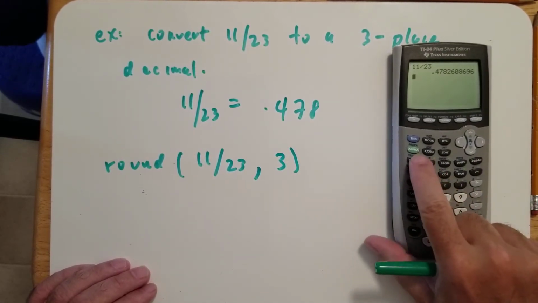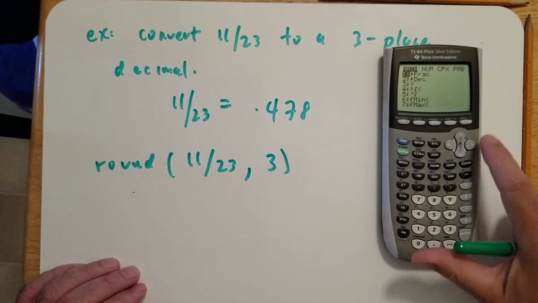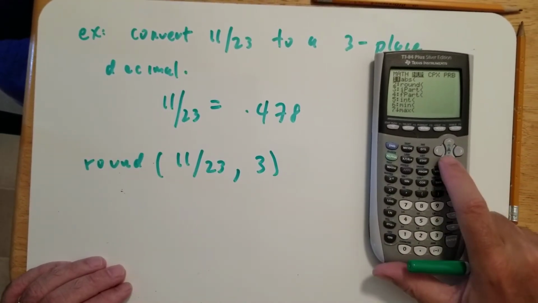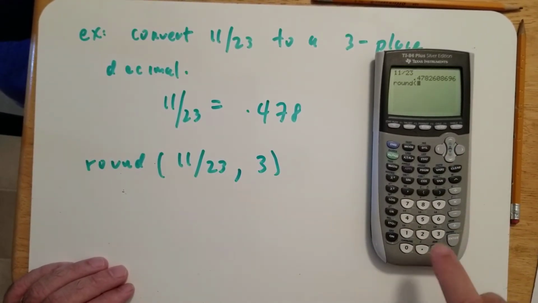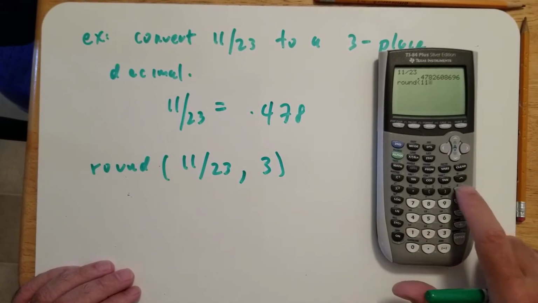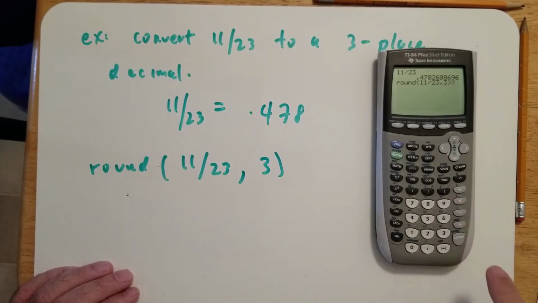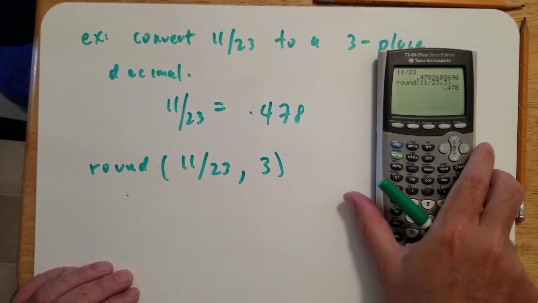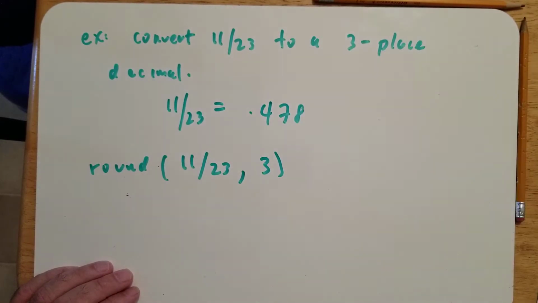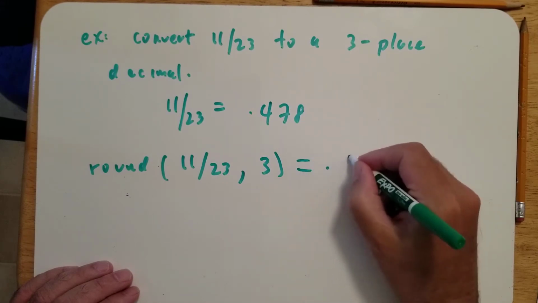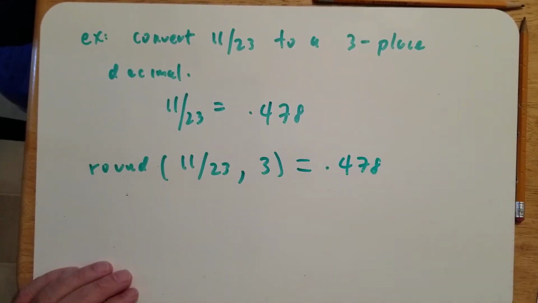If I go math, and then the second thing there is num, and round, 11 divided by 23, and then comma, which is there, tell it how many decimal places, 3, close off the parentheses, and that gives the 0.478 already rounded for us. So when they ask me to round something in doing one of these calculations, I'm probably just going to go right to the round thing.